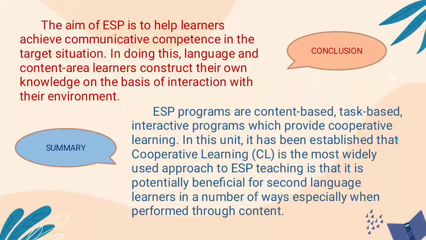For the summary, ESP programs are content-based, task-based, interactive programs which provide cooperative learning. In this unit, it has been established that cooperative learning, or CL, is the most widely used approach to ESP teaching. It is potentially beneficial for second language learners in a number of ways, especially when performed through content.